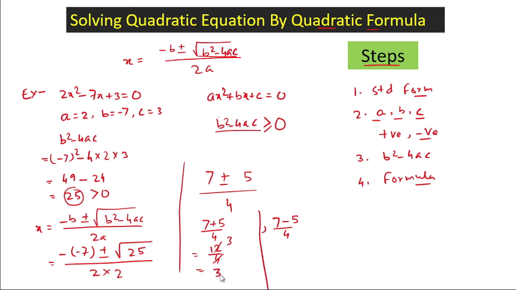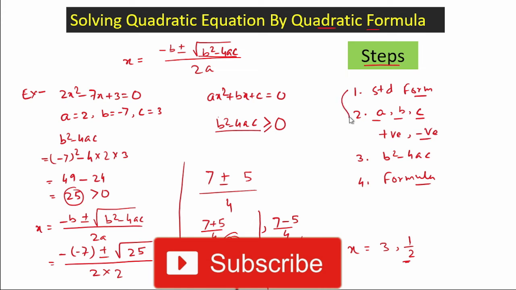Here the value of x is 3, and here 7 minus 5 is 2, divided by 4, which is 1 by 2. So the values of x we have calculated are 3 and 1 by 2. So friends, these are the steps to take out the value of x of quadratic equations by the formula.